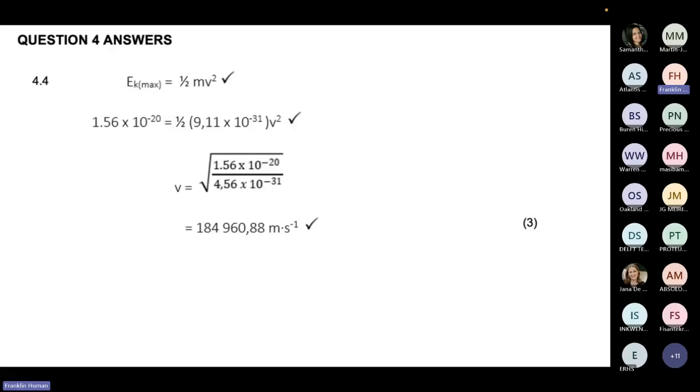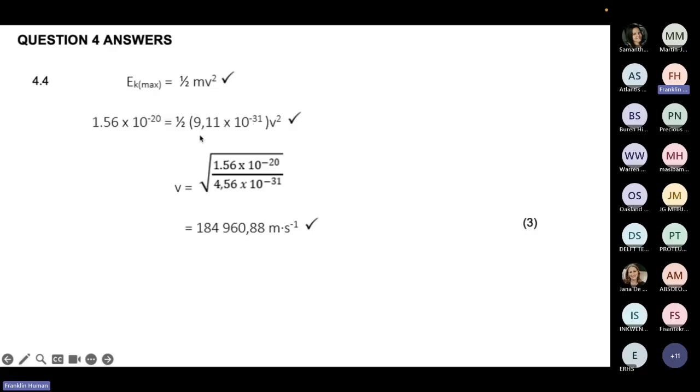Which is very fast. Okay, so my tip for the solution here is when you are asked to calculate a question like this, where, say, for example, the velocity of an electron, remember you will need the mass of an electron, and the mass of the electron will be given to you on your data sheet. This is 9,11 times 10 to the power negative 31.